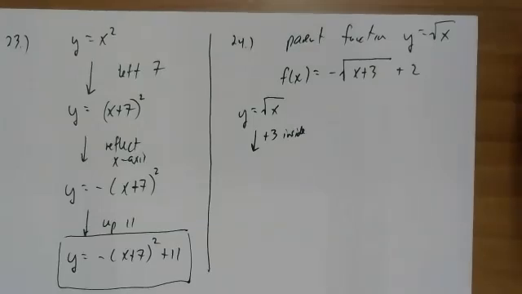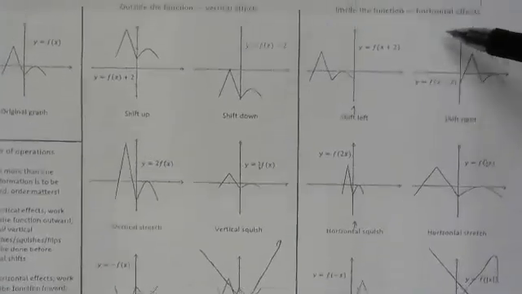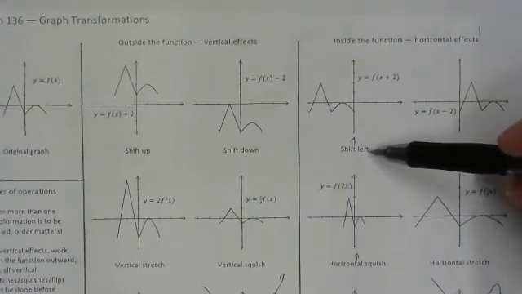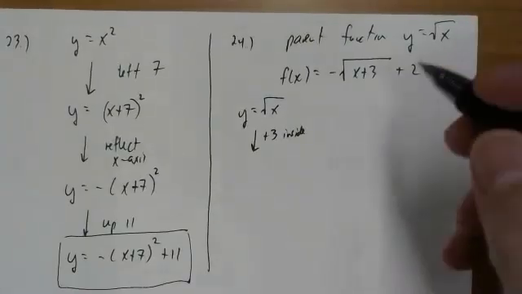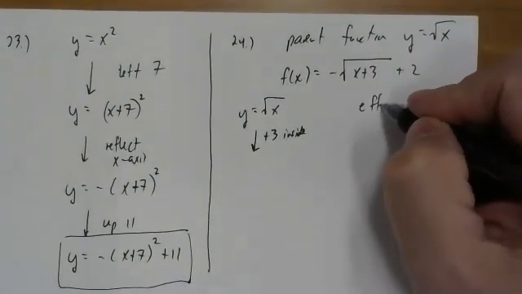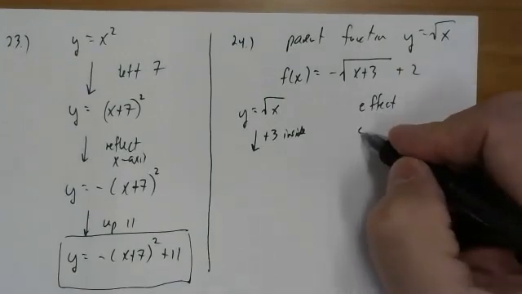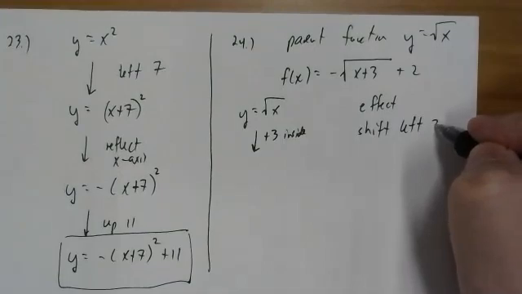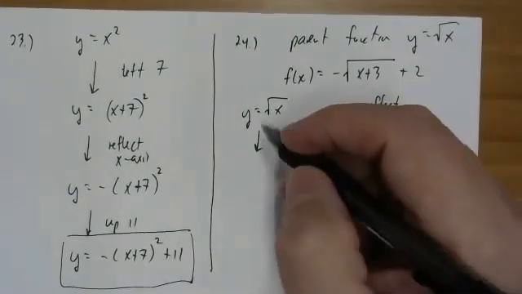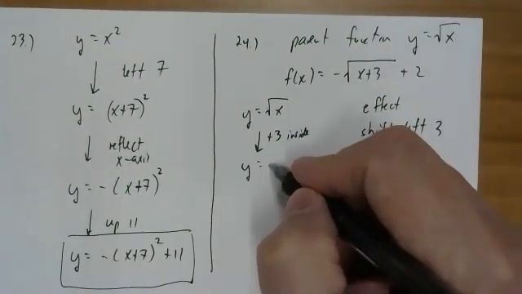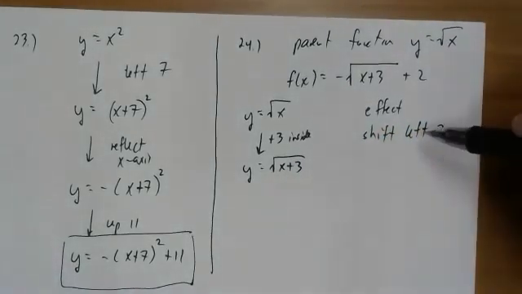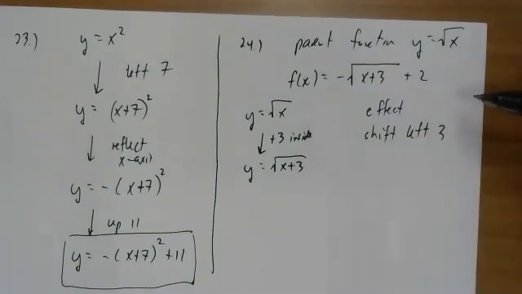When I go to my chart and ask what's the effect of adding 3 inside the function, it shifts left. So now I've shifted left 3, and here's my equation.